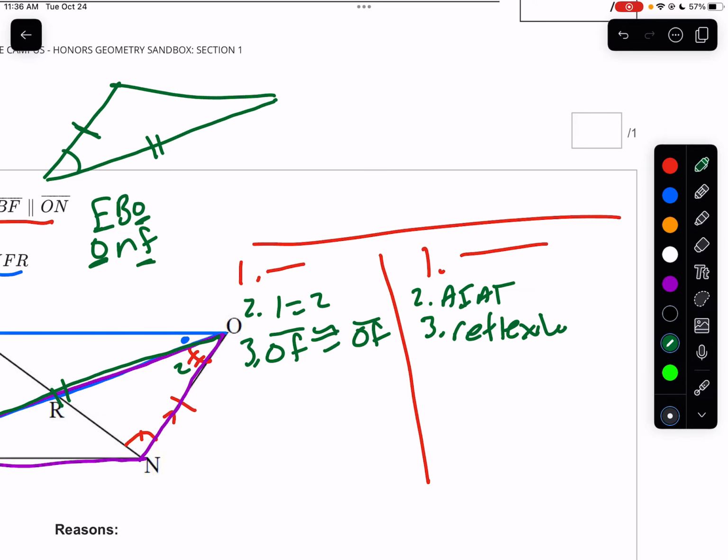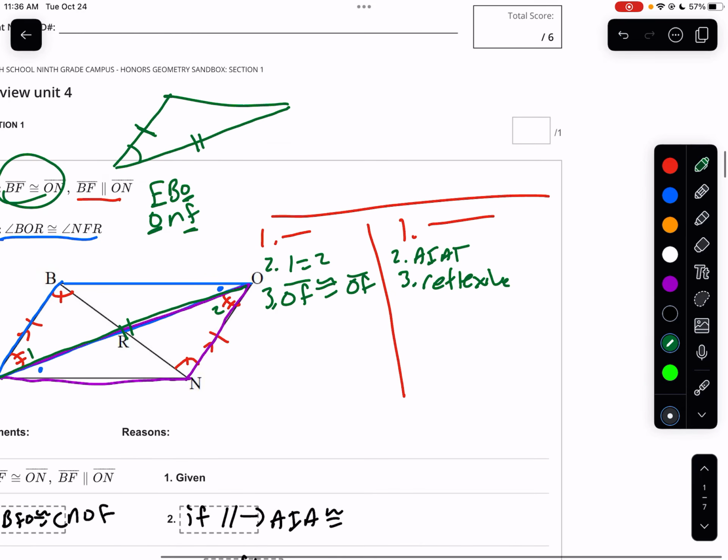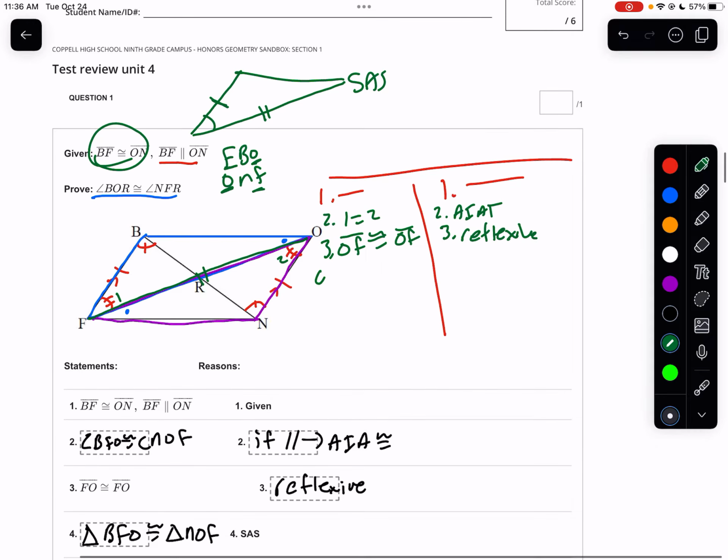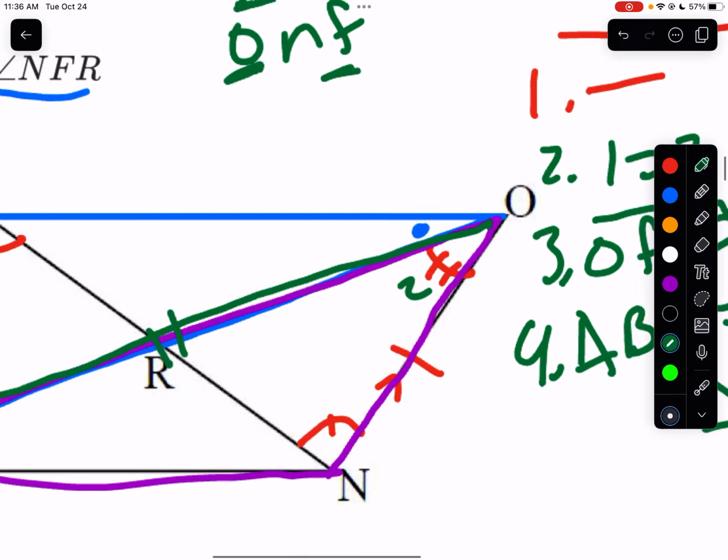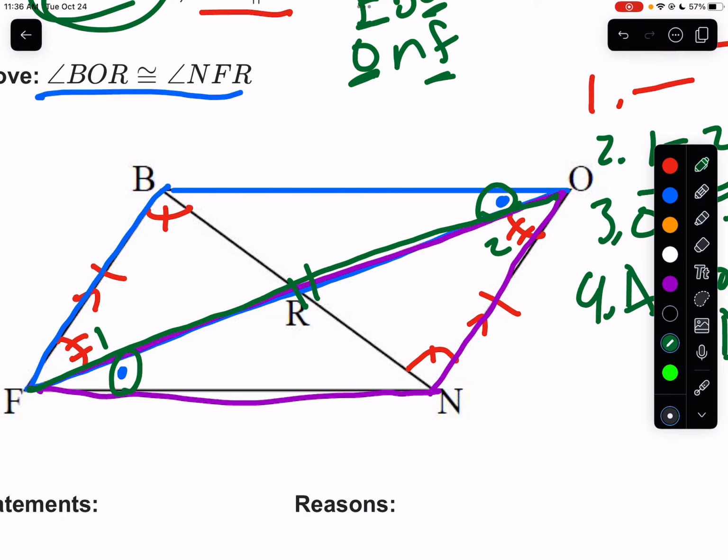They both use that side, and that's the third piece we need, and now we have an SAS situation. So I can now say triangle BFO is congruent to triangle NOF, side, angle, side. And aren't these the corresponding angles for those? Yes. I will say, some of you guys might be a little concerned.